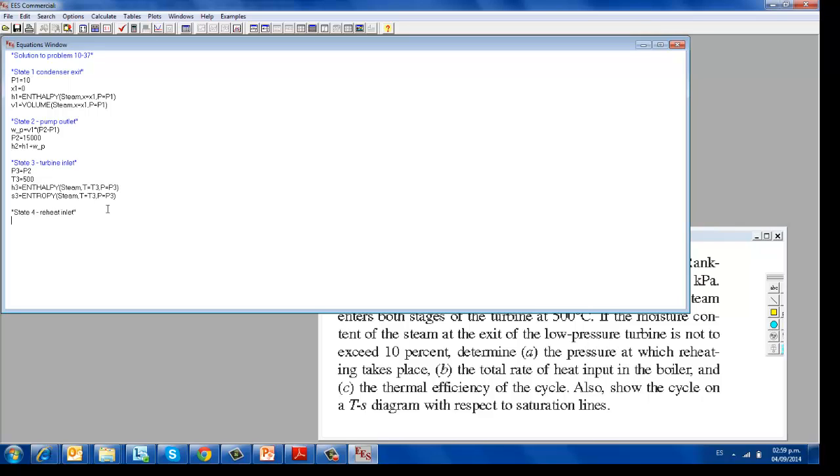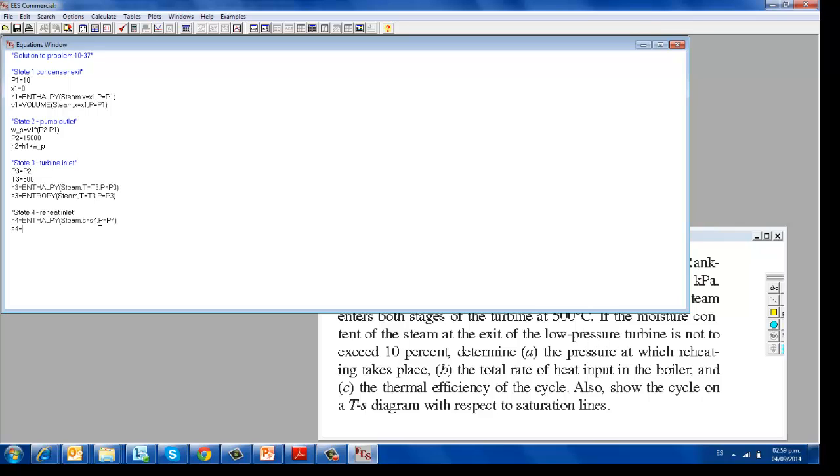So we don't know what the pressure is, but we know this enthalpy will be equal to S equal to S4 and P equal to P4, which we don't know.